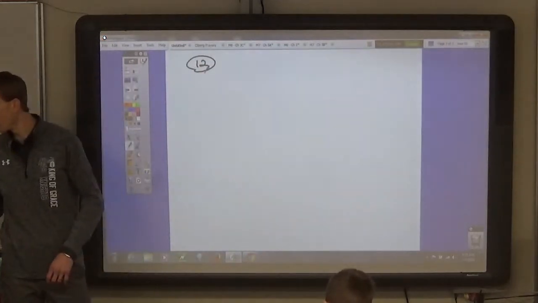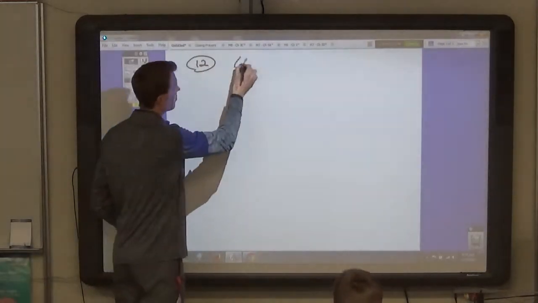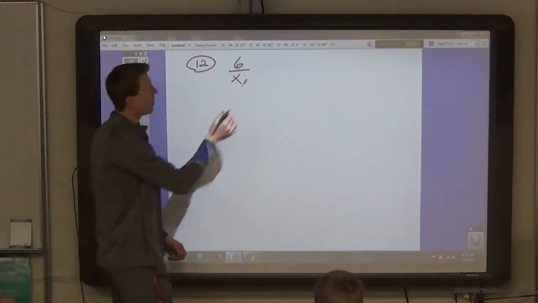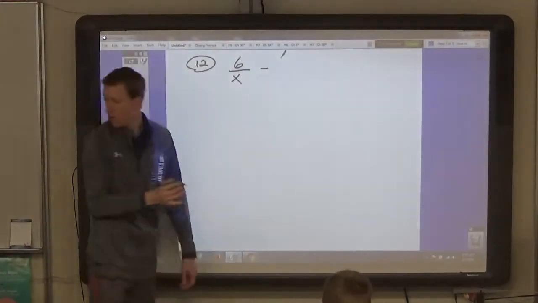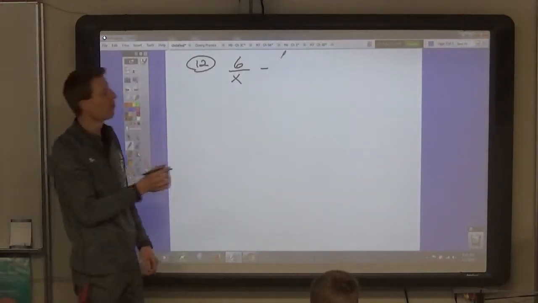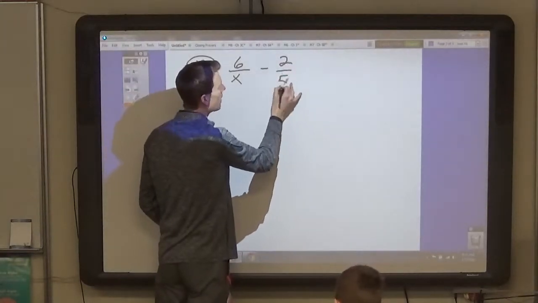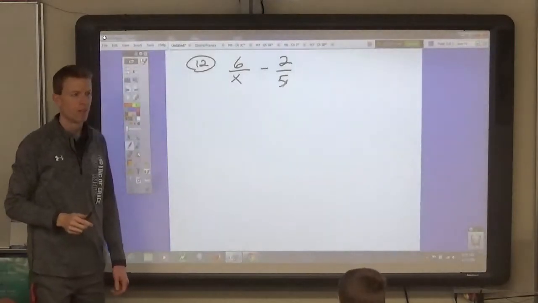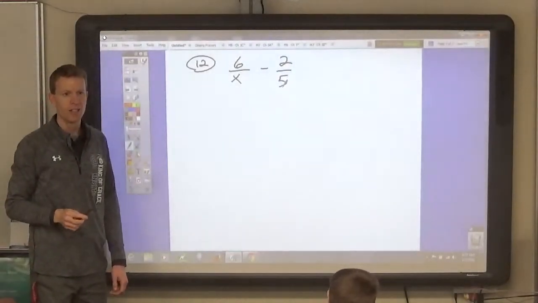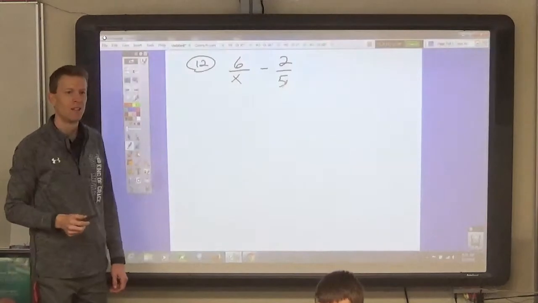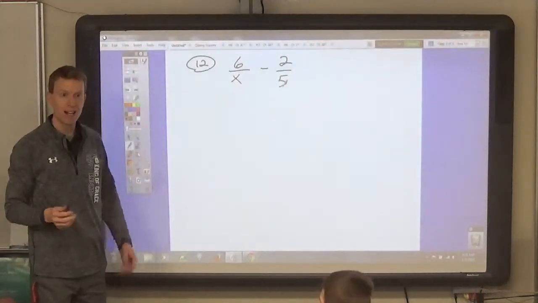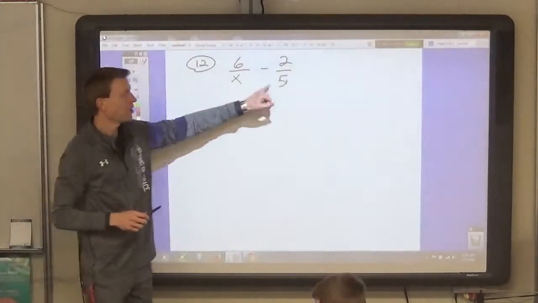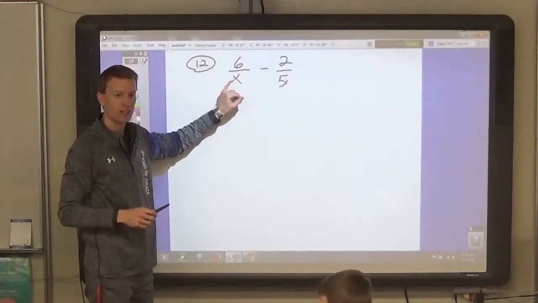So this one has a variable and a number in it. 6 over x minus 2 over 5. What's a common multiple of these two? Emily? 5 and x. 5x together. Okay? So we have to use 5x as our common multiple.